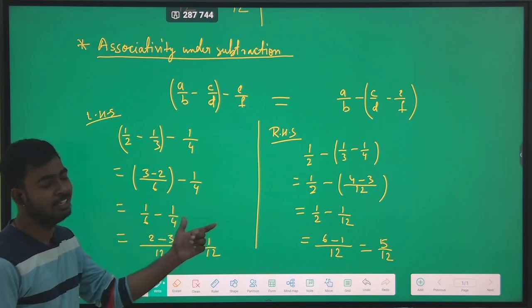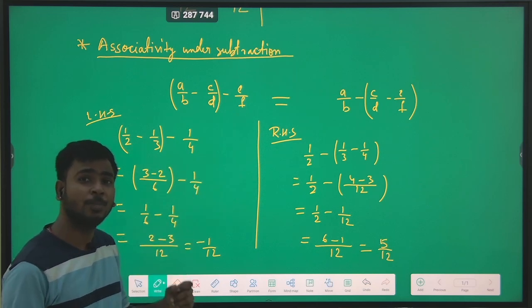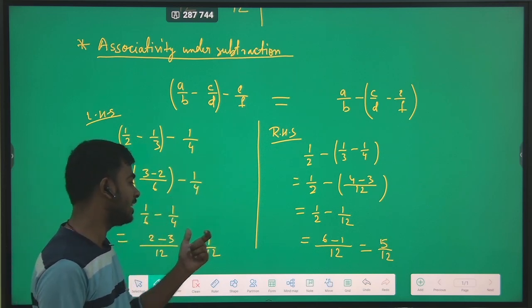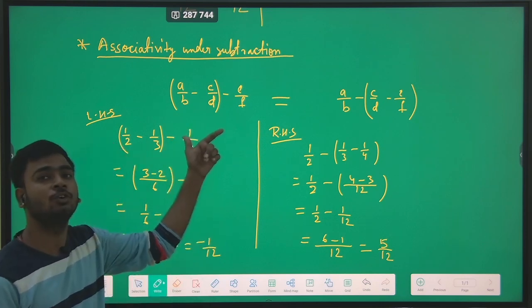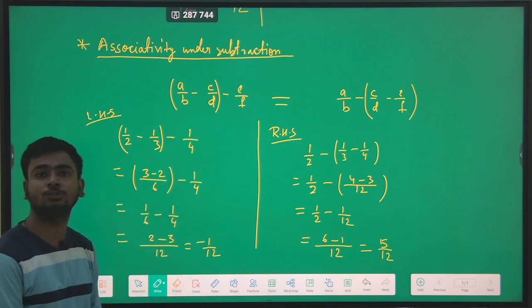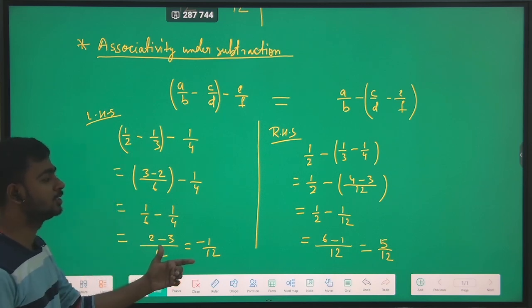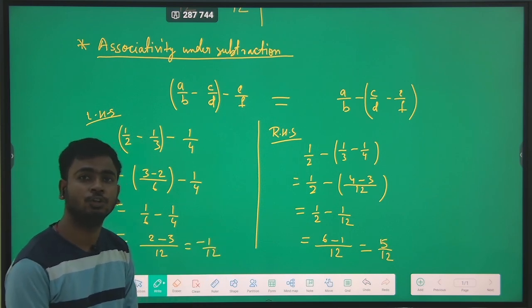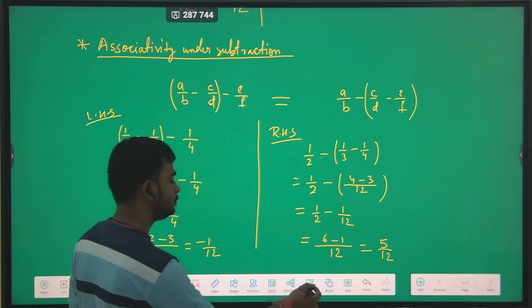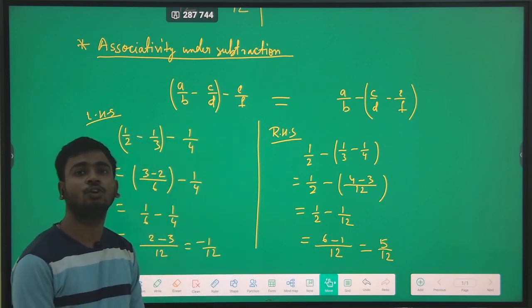In here also, if we get conditions where LHS is equal to RHS, but in even one condition LHS is not equal to RHS, then we can say that in the whole scenario it will not follow the associative property. So we can say that in rational numbers under subtraction, associativity is not followed. You have to make a note of it: under subtraction, associativity is not followed for rational numbers.